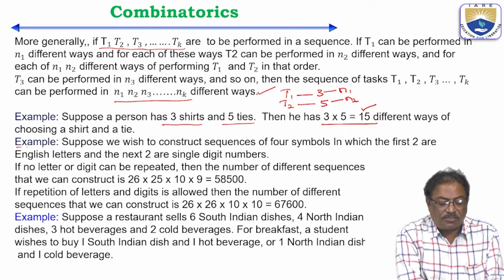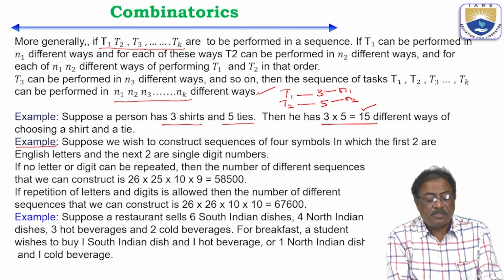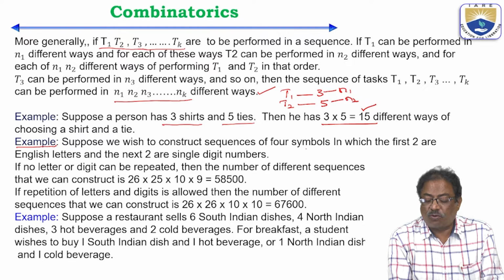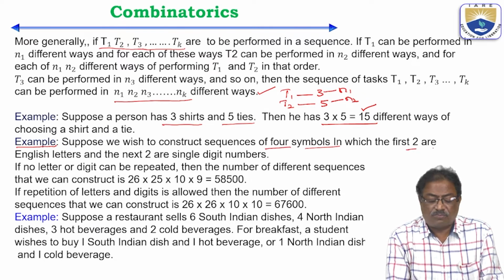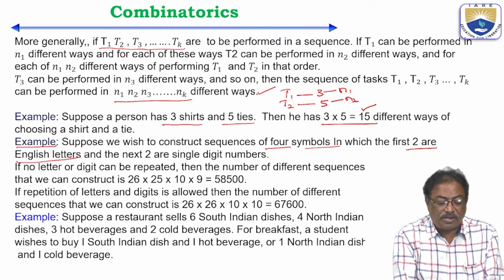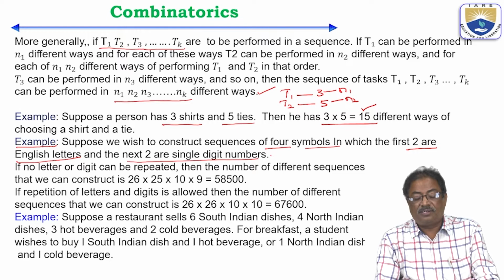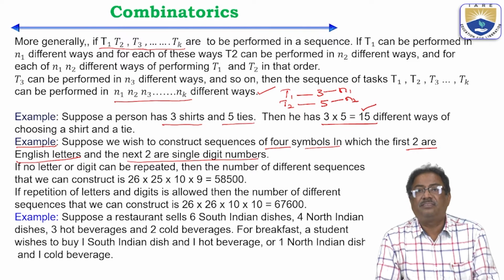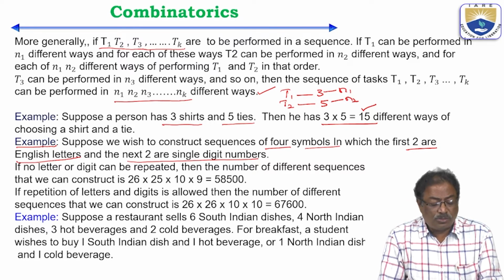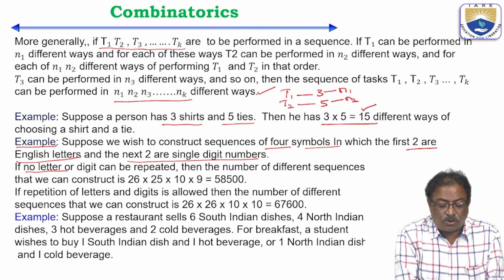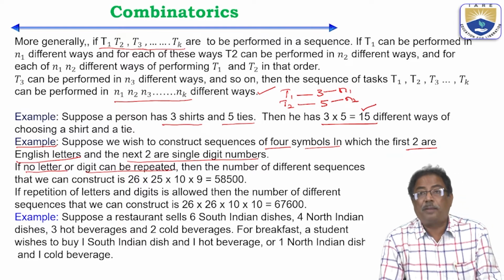Now, let us go for another example. Suppose we wish to construct a sequence of 4 symbols in which the first 2 are English letters and the next 2 are single digit numbers. No letter or digit can be repeated.